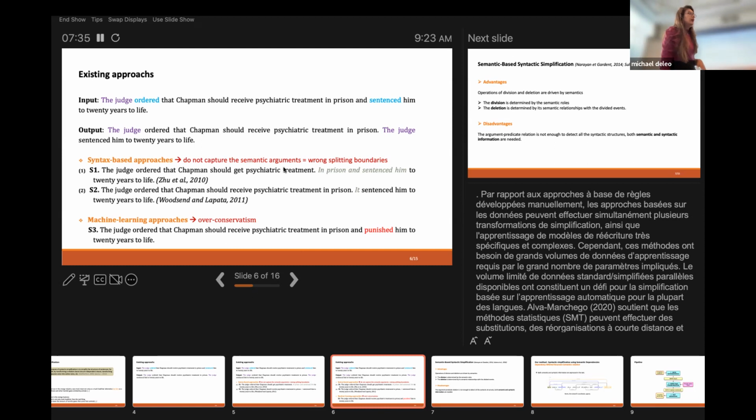That's why people worked on an approach that uses semantic representation, because they said that semantic information is important in these tasks, because the semantic representation could capture the semantic arguments. So when we have this predicate-argument relation, we can capture the splitting boundaries and rewrite the shared element.